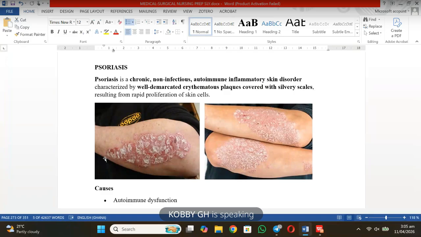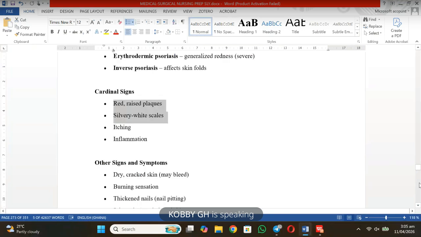At the later stage, it dries up to become a silvery, whitish, dry scale, just like you are seeing in this diagram. This one is an autoimmune condition.